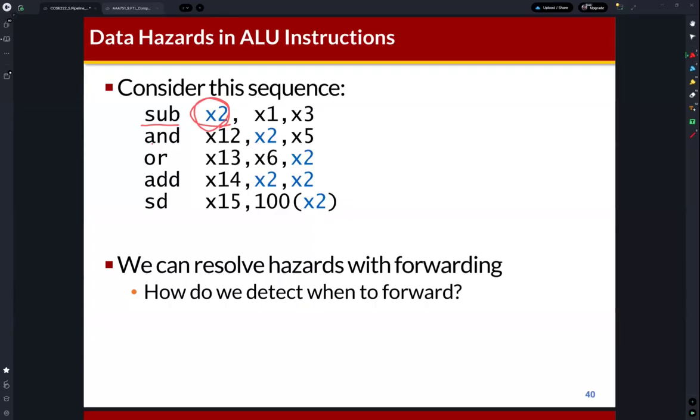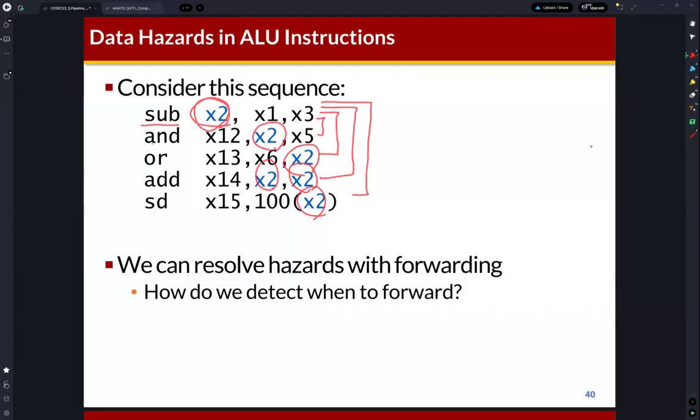You can find that the AND instruction also uses x2, and the OR also uses x2. The four following instructions use the data generated by the sub instruction. So you can find the data dependency here.